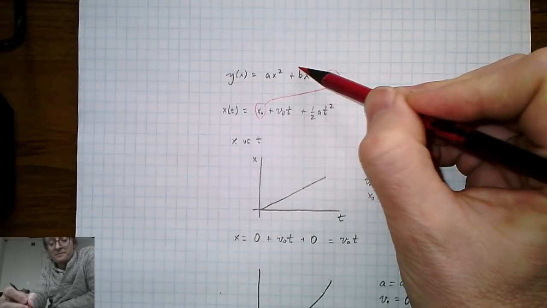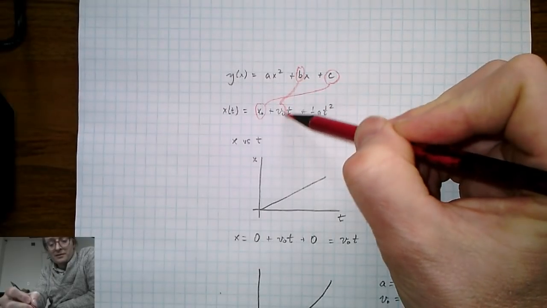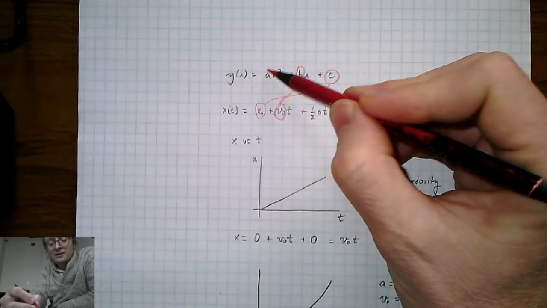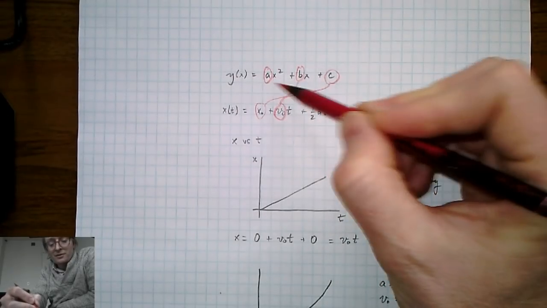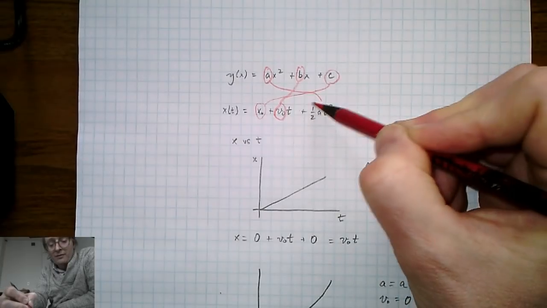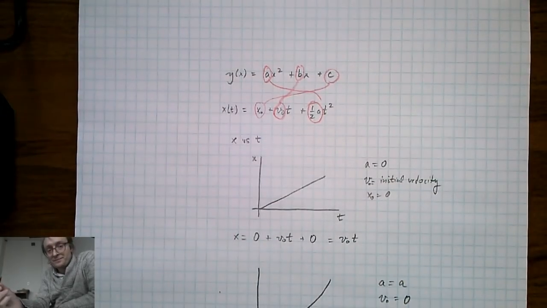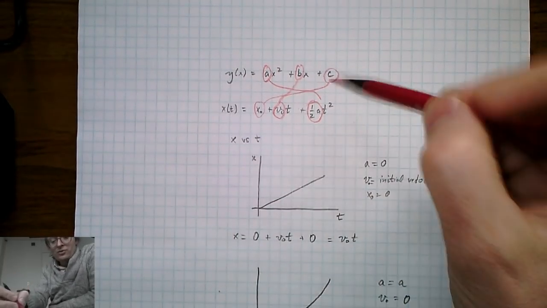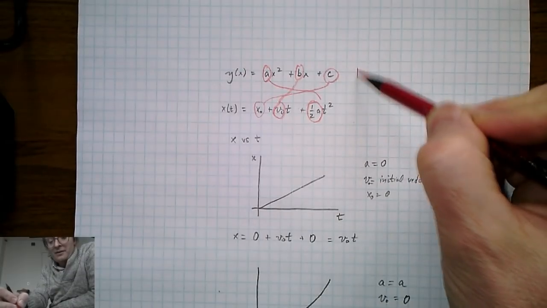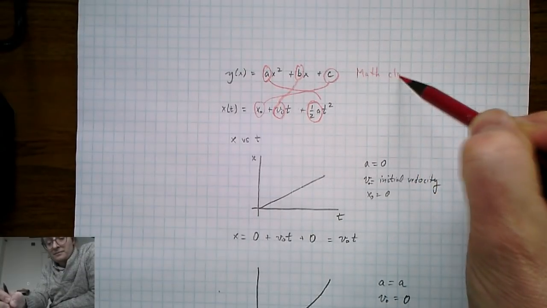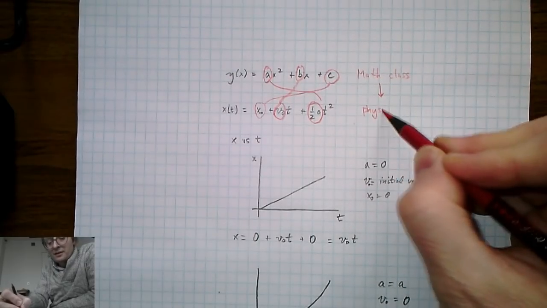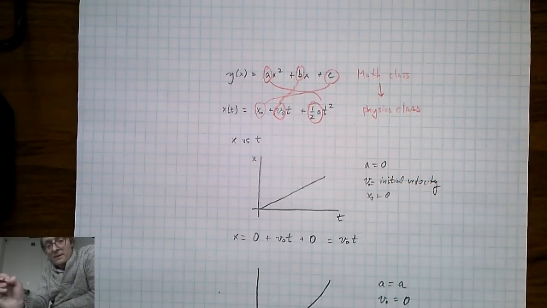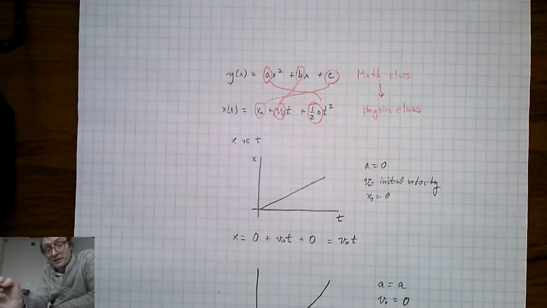The b term is basically equivalent to the initial velocity, and my a term in the math version is equal to 1/2 acceleration. Okay, and so all the tools you use to evaluate this in math class, you can just transfer them now to physics class. And by doing so, you'll make Galileo very happy.